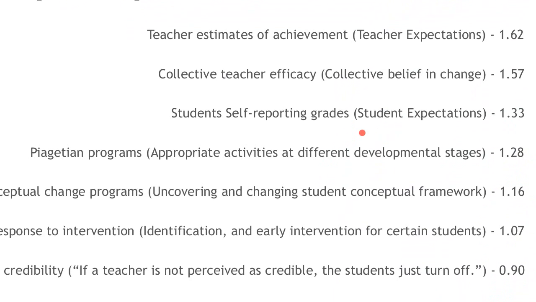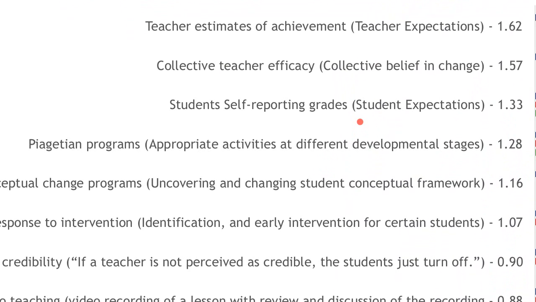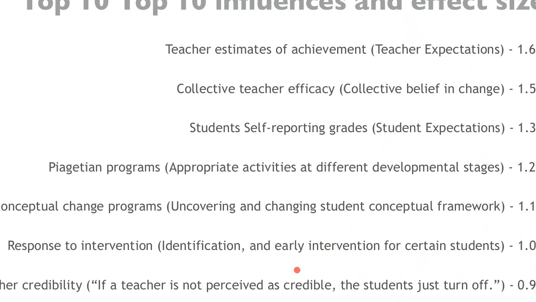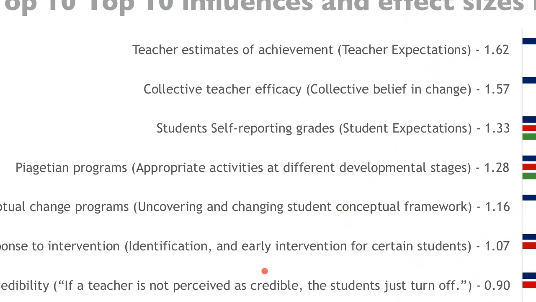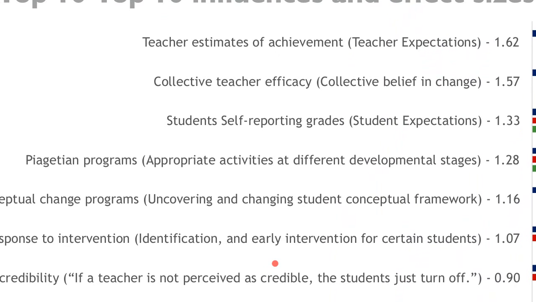More structural, Piagetian programs, so really designing activities and content that are appropriate for different stages of cognitive development in the students at different age groups. And I guess identifying that so it could be matched with appropriate developmental stages.